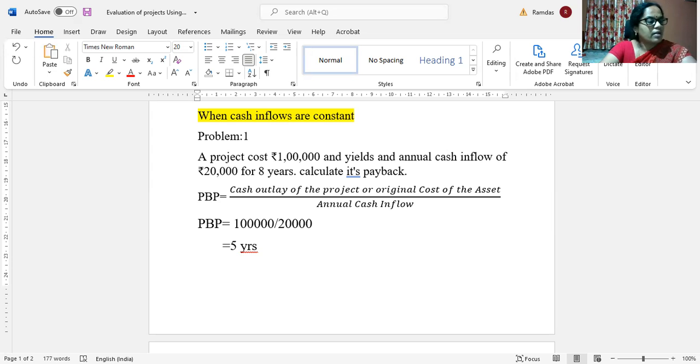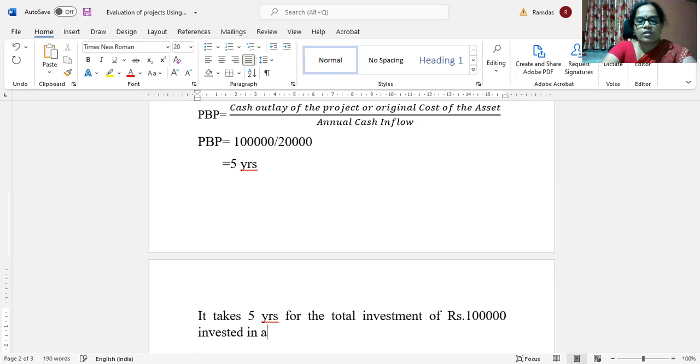So this means that it takes 5 years for the total investment, the total investment of rupees 1 lakh invested in a project, to pay back itself.